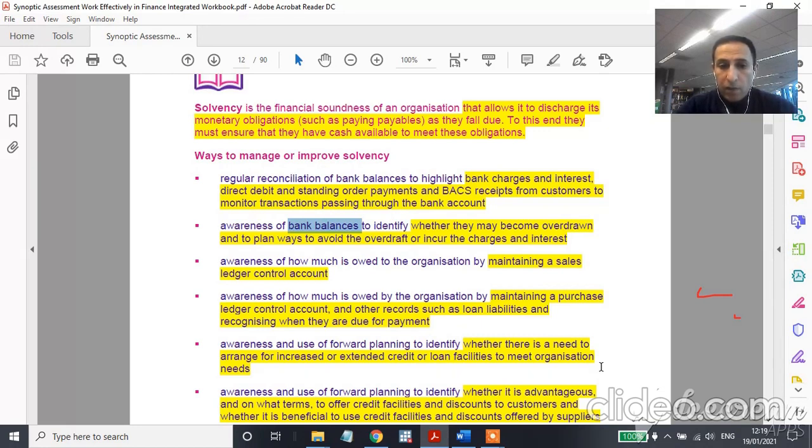So in this situation, you have to make a plan to extend or negotiate, for example, a loan facility with your bank, and negotiate with your supplier to extend a credit limit. Okay, credit limit.